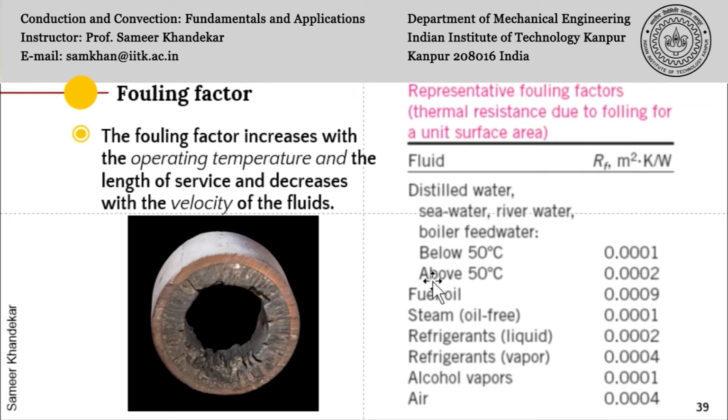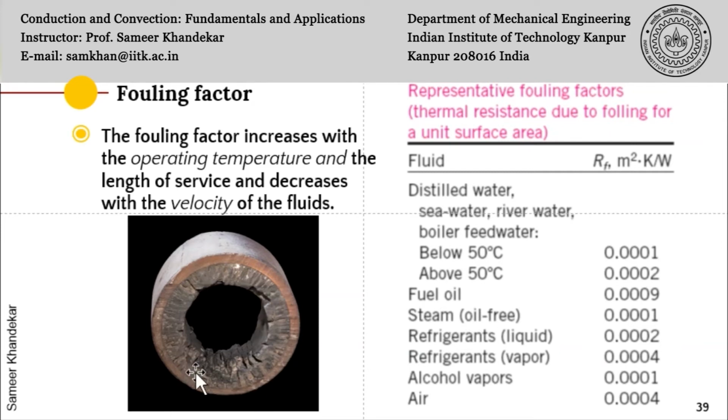So you can see here distilled water or sea water or river water, boiler feed water below 50 degrees, it is 0.0001, but as soon as the temperature becomes higher, the fouling factor becomes large, and you can see a very strong function of temperature here. Similarly, fuel oil will also foul, maybe some waxy deposits will come in the heavy oil or diesel oil mixture.